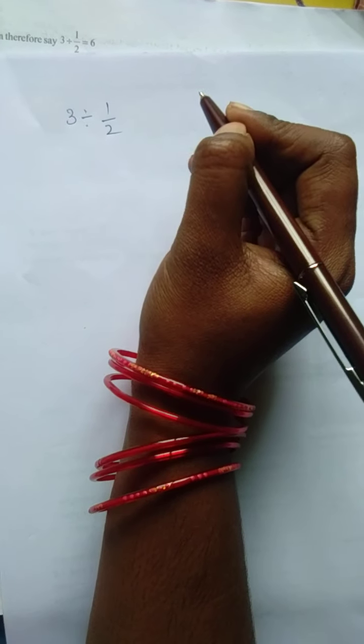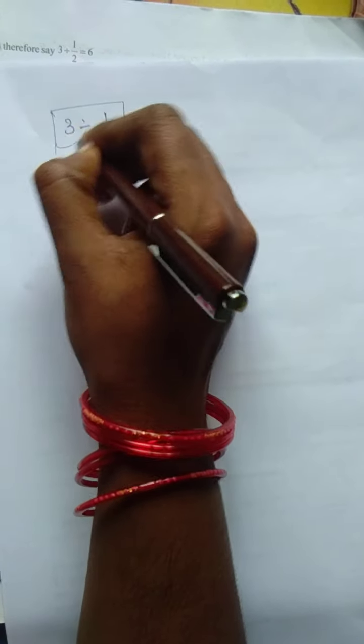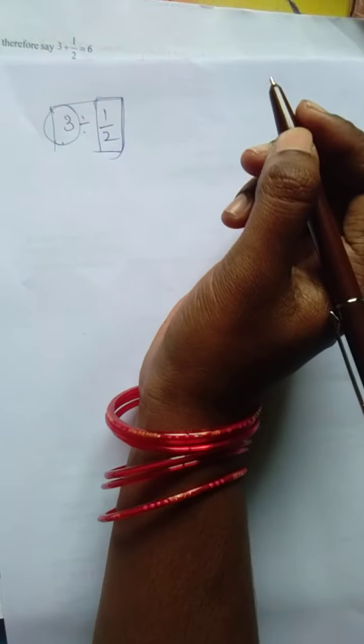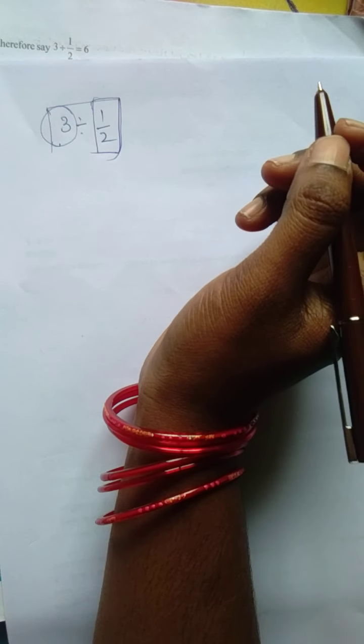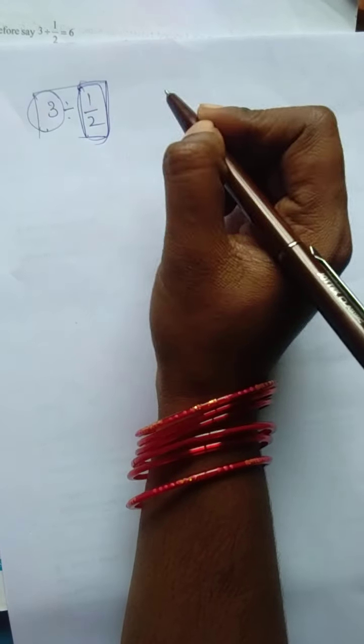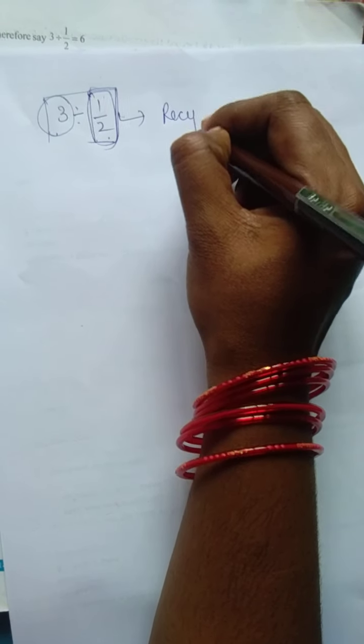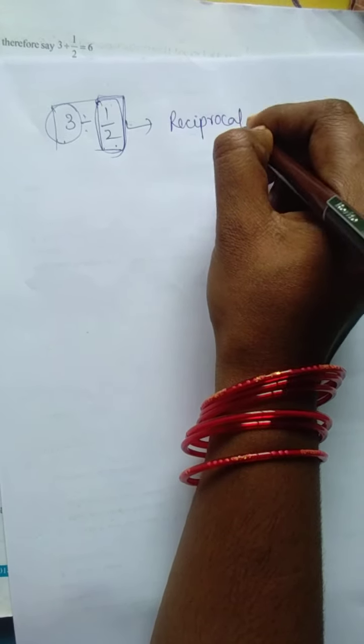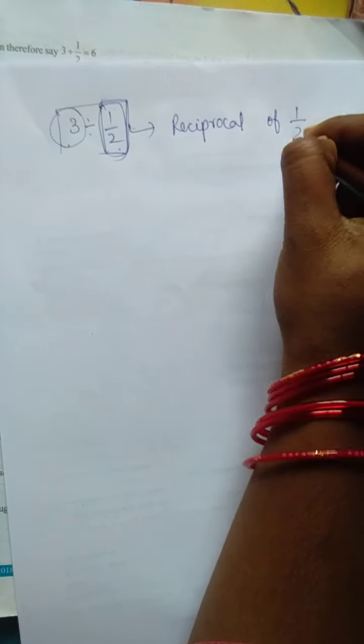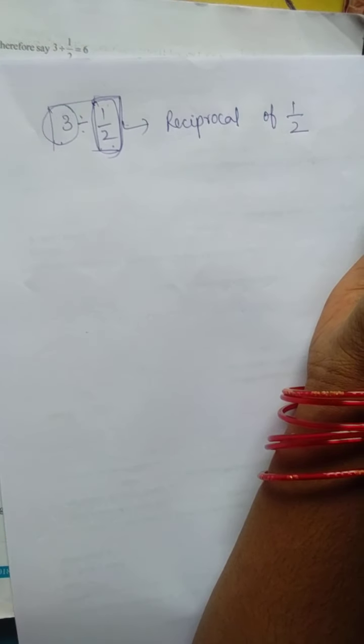You have to divide a whole number with a fraction. How can you divide? See, first of all this is in the form of a fraction, yes or no? P by Q form. This fraction can be written as its reciprocal. What is the reciprocal of 1 by 2?